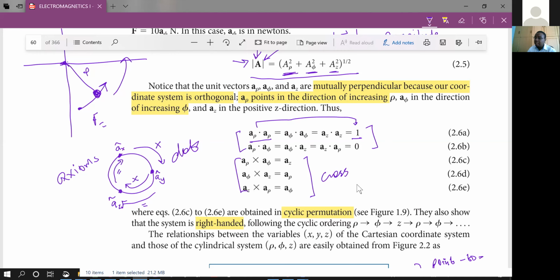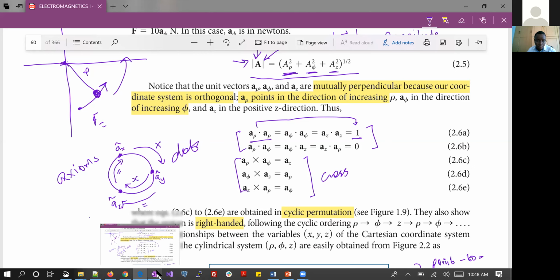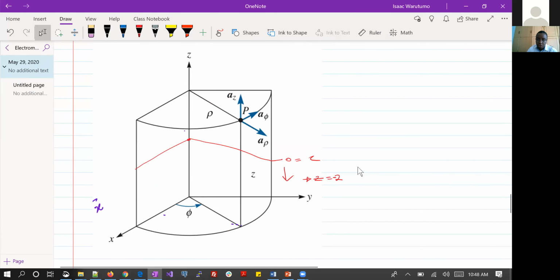So we are doing the same thing with cylindrical coordinates, and we arrange them in order. I arrange A rho, then after A rho, you go to A phi, and then we go to AZ, and then the arrow goes back.